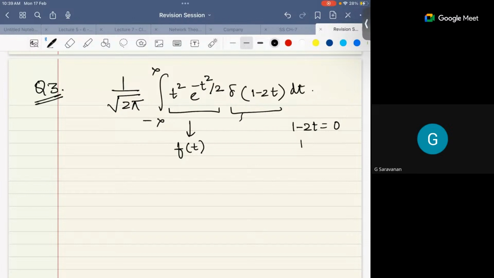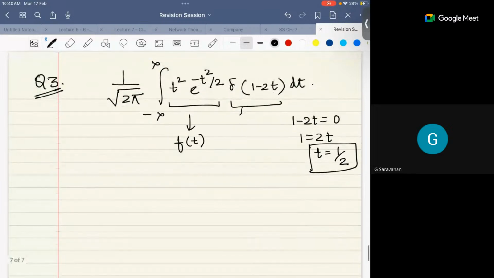So we have to evaluate the function at t equals half.